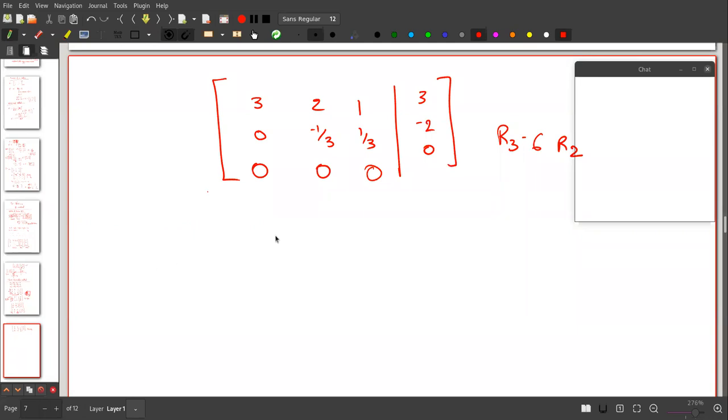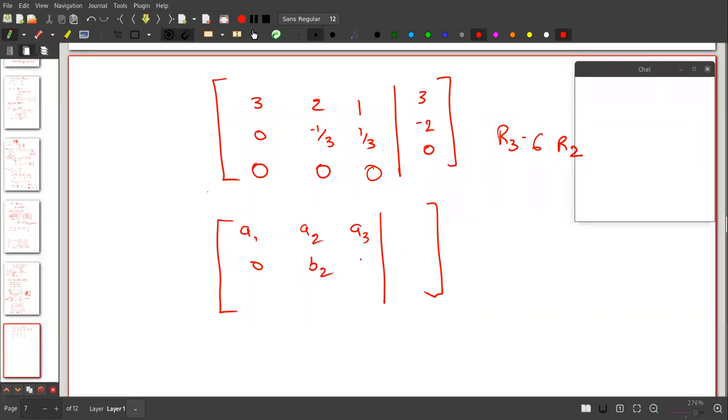So I have told you that let's form the matrix in the form like A1, A2, A3, 0, B2, B3, and 0, 0, C3. And here, right hand side, D1, D2, D3.